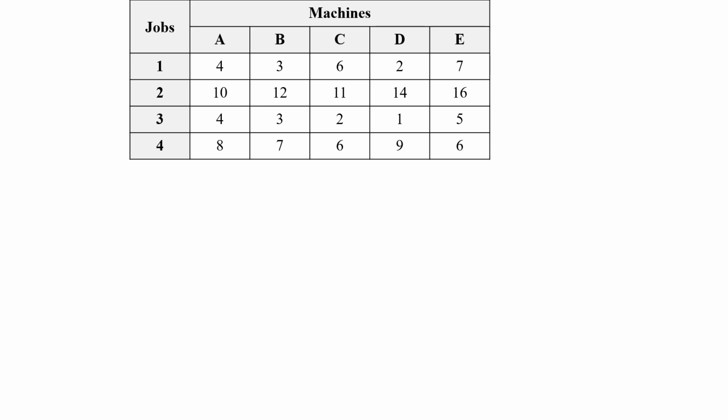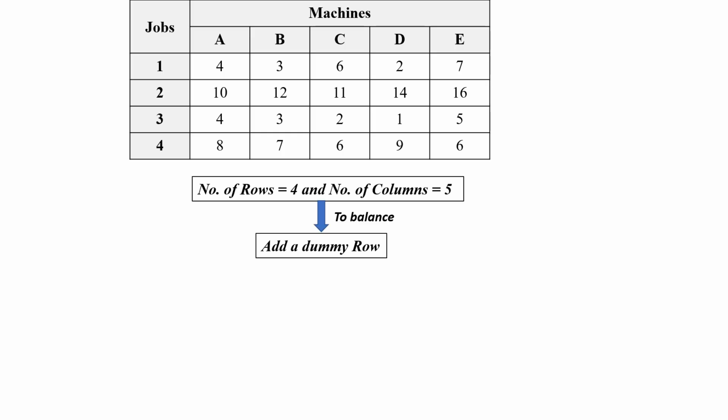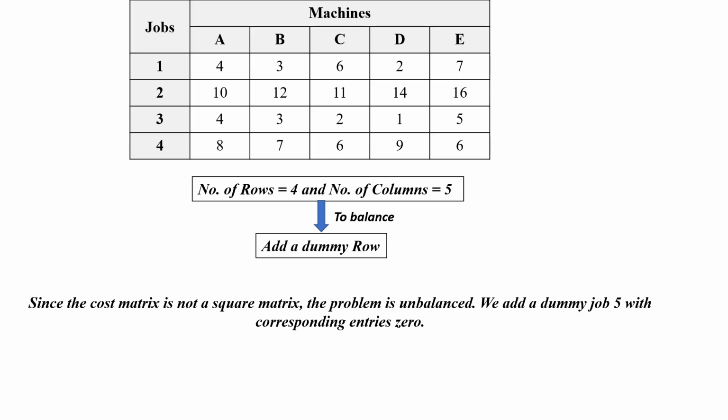What is the total processing time to complete all the jobs? Let's see the solution. Here the given number of rows is 4 and the number of columns is 5. So the number of rows is not equal to the number of columns, so this is an unbalanced assignment problem. To balance this one, we have to add a dummy row with 0 entries.